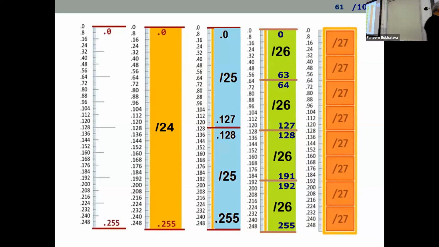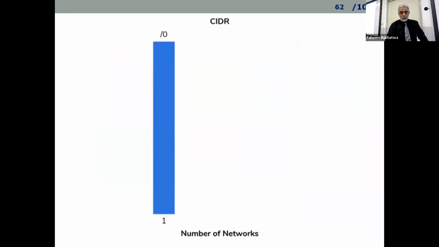So this is a bigger network, twice as big as /27. /27 is twice as big as /26. /24 is 4 times as big as /26. So you take the difference, say 26 minus 24, and you put that to the power of 2, and that gives you the number of nets or how big it is. So let's look again.